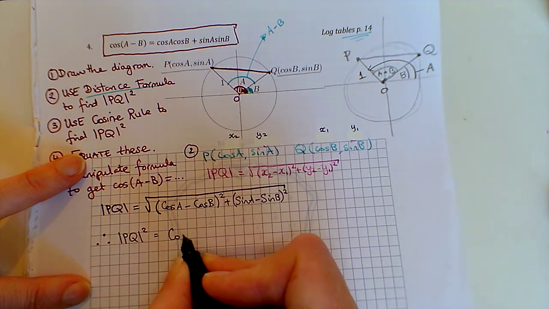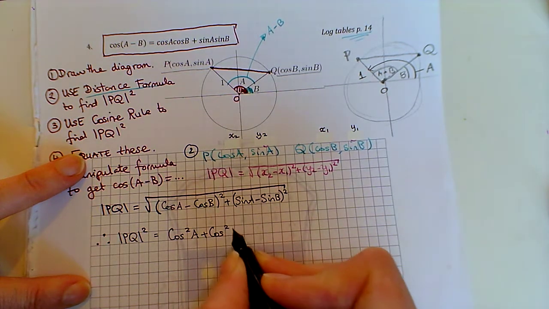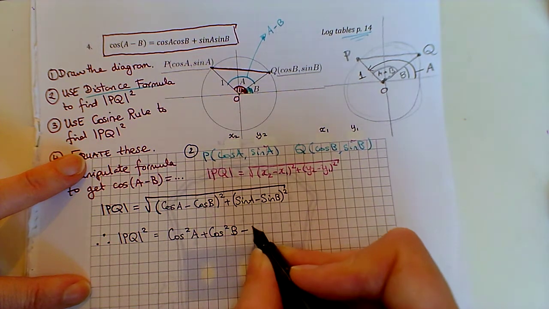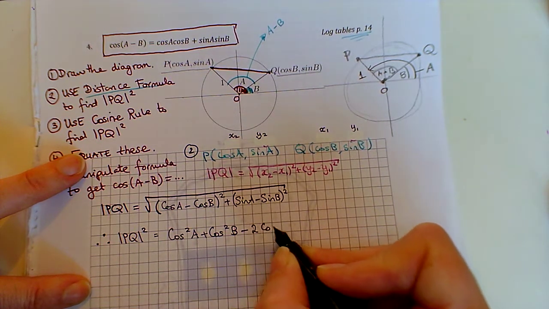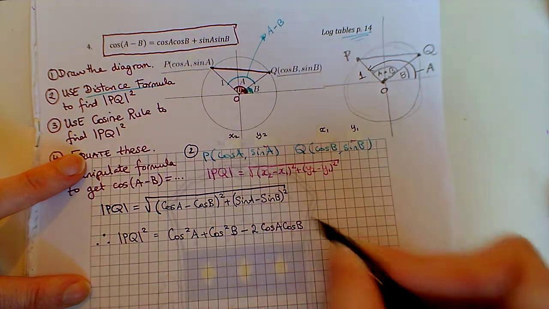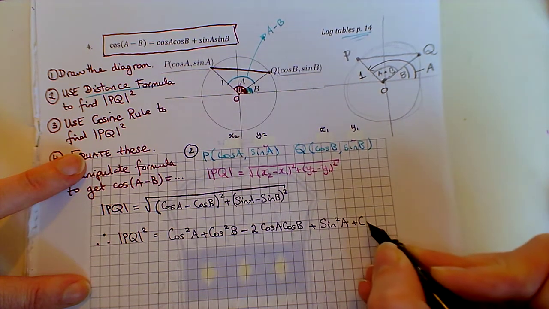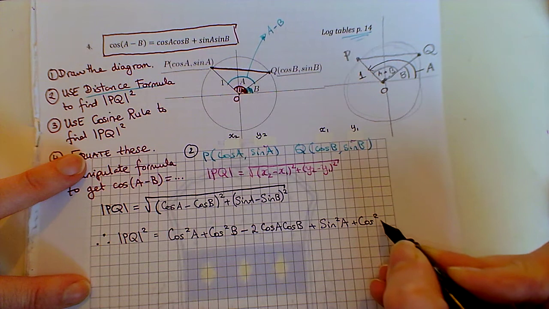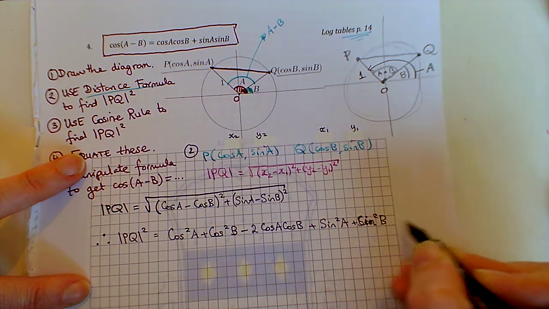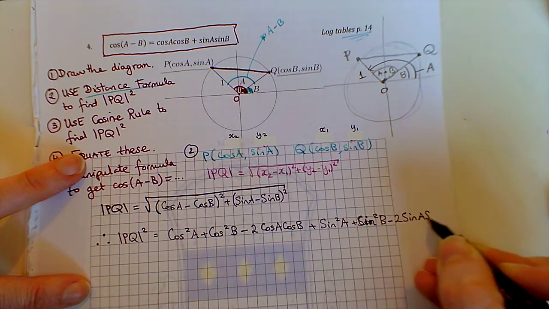Square the first, cos squared A, square the last, cos squared B, double their product, minus 2 times cos A cos B. Then my second bracket, square the first, sine squared A, square the last, sine squared B, and double their products, minus 2 sine A sine B.